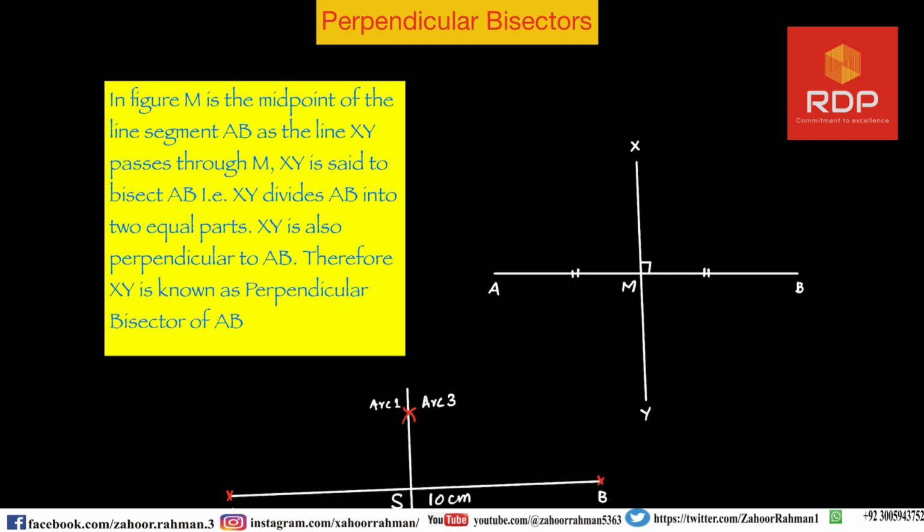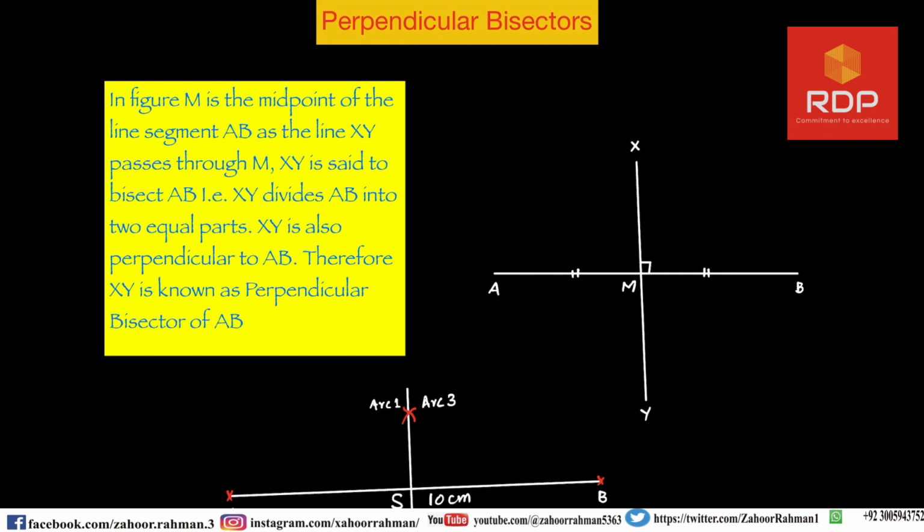Whenever you learn bisector, it means that a line is equally divided into two sectors. Bi means two.